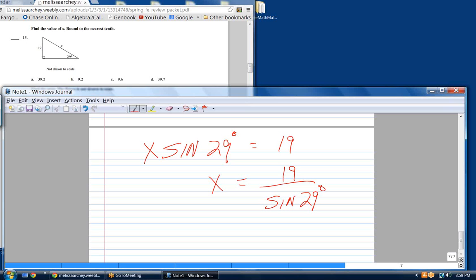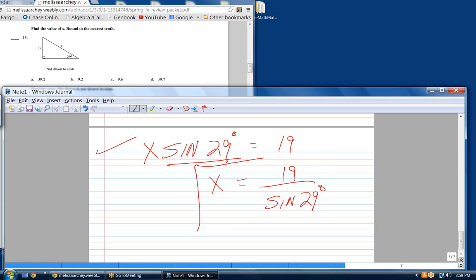All right, now I'm a little confused. I got the answer, which is 39.2. I mean, the answer is A. But why can't I do it the way I've been doing it, which requires you to come up with a number and write it down on a piece of paper? Right. We don't want to do that. Let's just solve this equation.